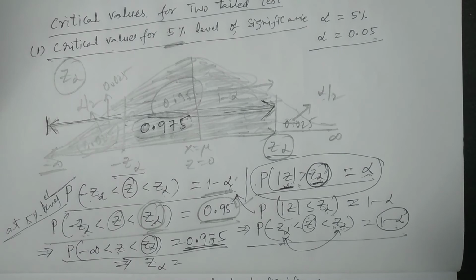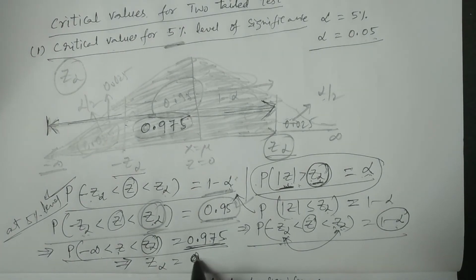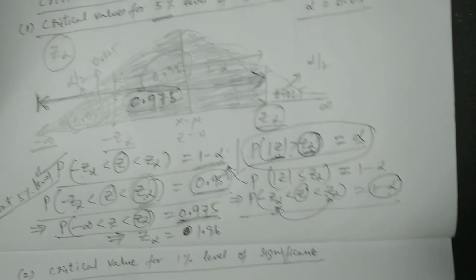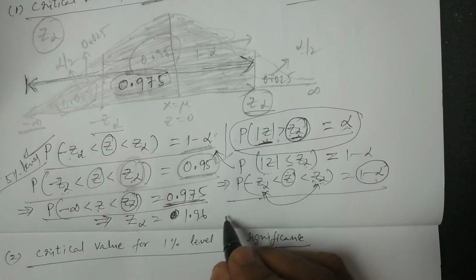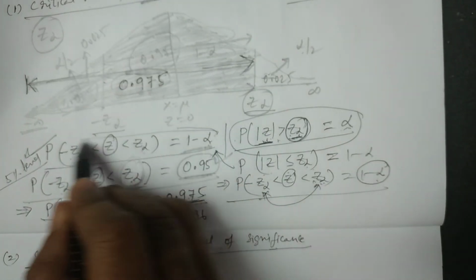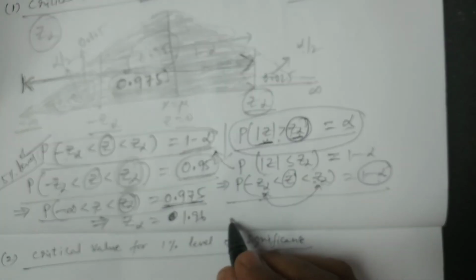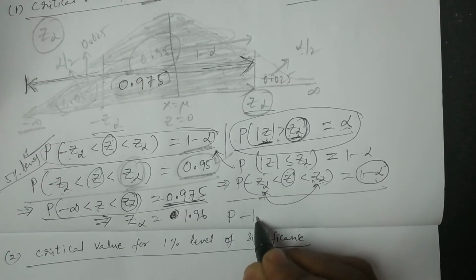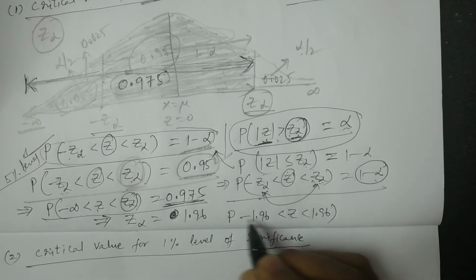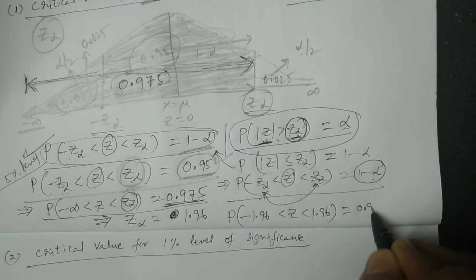Therefore, I hope you understand. And I'm writing the value of Z alpha, 1.96. That is the reason why we are writing this equation. I am again writing this equation. At the end, probability of minus 1.96 less than Z less than 1.96 is equal to 0.95.